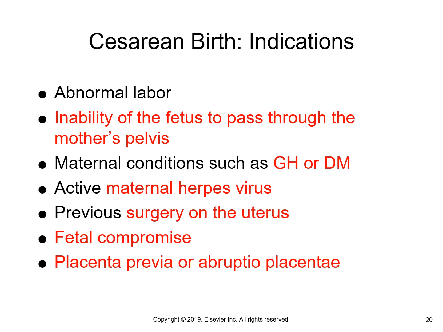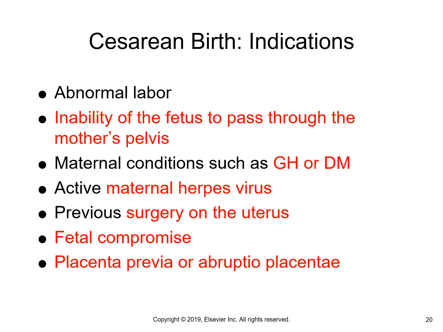Okay, cesarean birth. Now we'll talk about cesarean delivery, which is a surgical procedure used if the fetus cannot successfully come out through a vaginal delivery. So what are the indications for cesarean birth? One is abnormal labor.